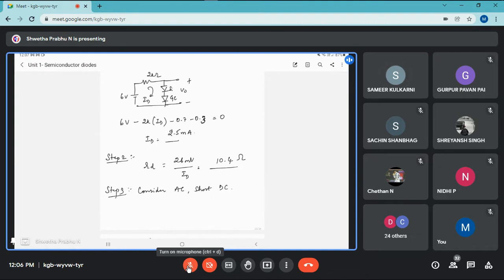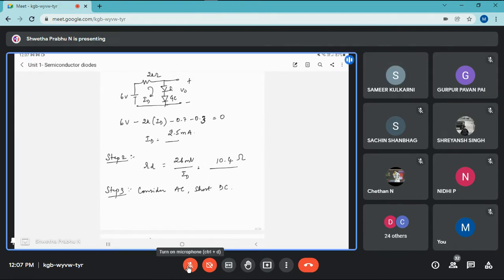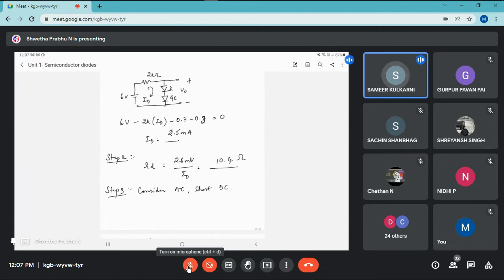If it is a parallel connection, then the current gets divided. With respect to resistance, you have to consider resistance for silicon and resistance for germanium, but with respect to current, only one current flows throughout the circuit. Ma'am, then how come both resistances are the same for a series circuit of silicon and germanium?